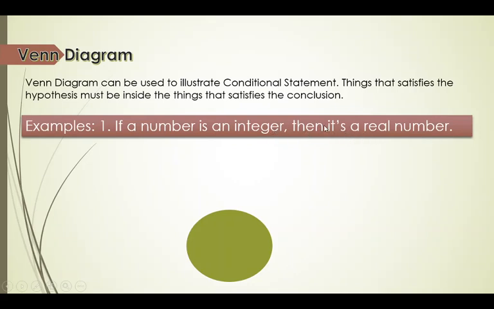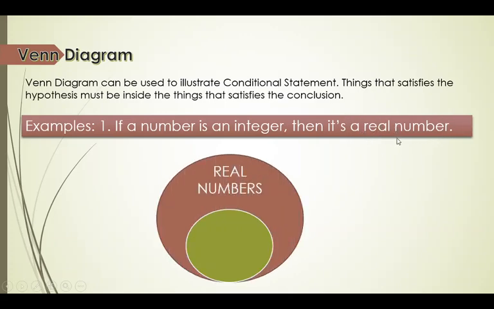So since the conclusion is a real number, dapat yung nasa malaking circle must be the real numbers. Since ito yung nagsasatisfy. And yung nasa maliit na circle na nasa loob ng real numbers, that is the integers.